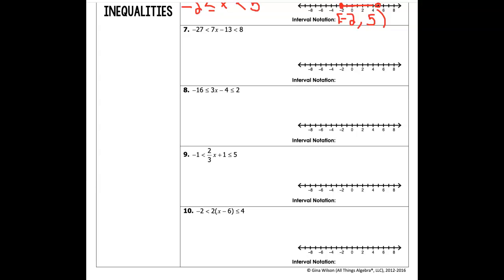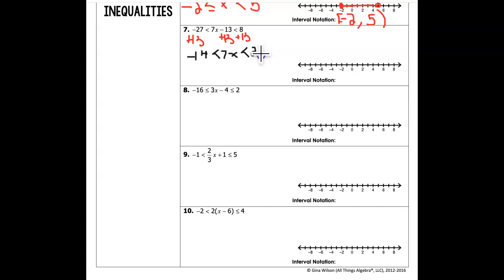Same thing with number 7. We'll start by adding 13. We add 13 to the 8 and to the -27. So you just have to make sure that you're doing that to all 3 parts of this inequality. So now we have -14 is less than 7x, which is less than 21.